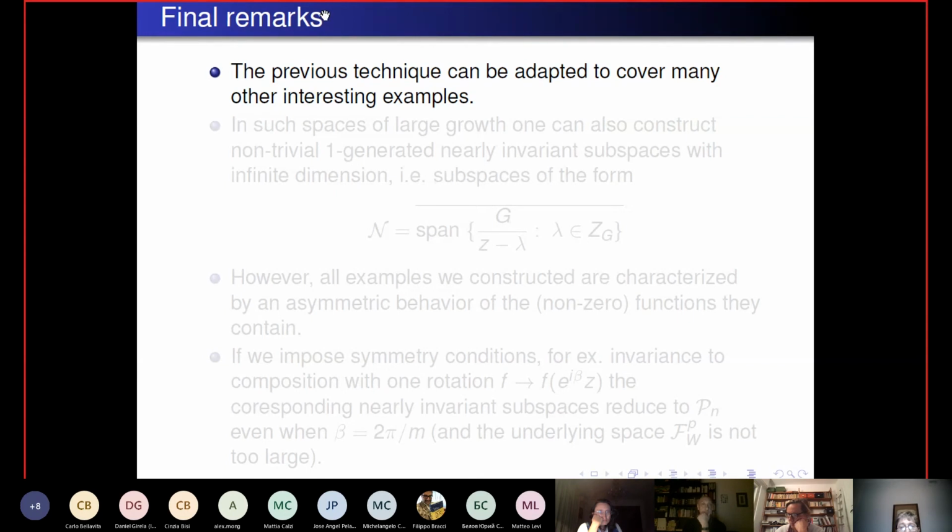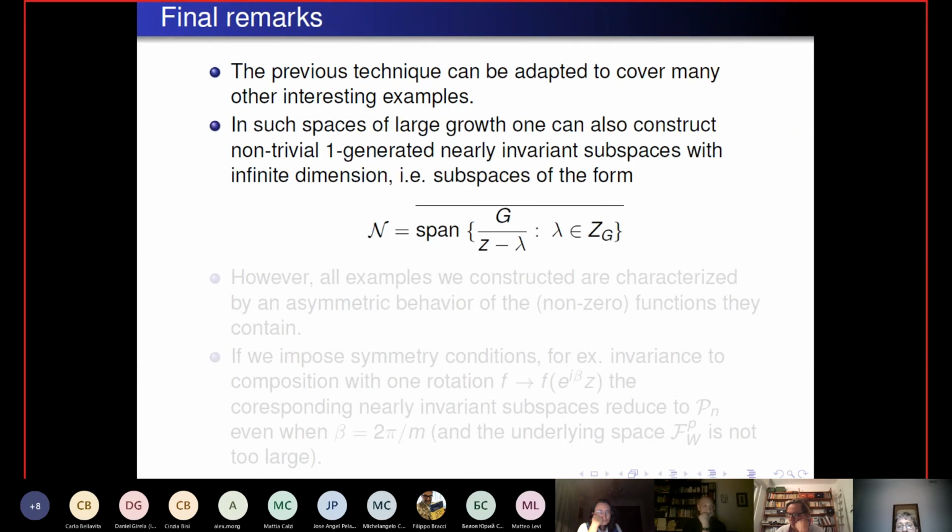And now, one topic that I like very much, but I don't have the time to get into, is that you can also construct such one-generated subspaces. Now, this is technically, again, more demanding, but it is quite interesting that you can construct such subspaces.